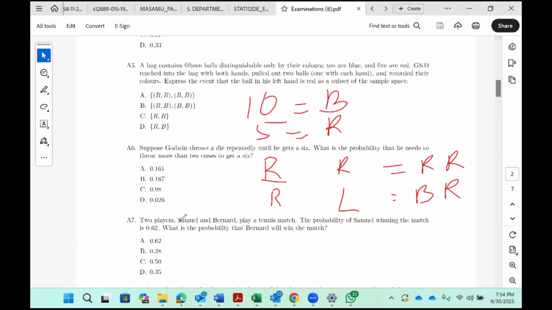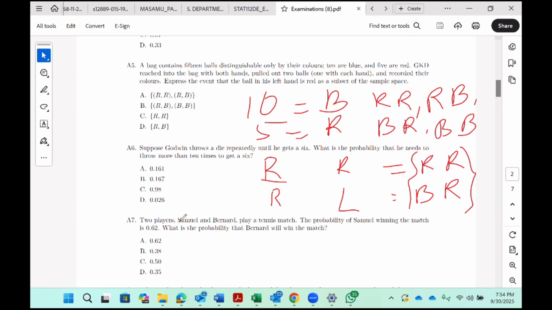So these will be the possibilities, and your sample space will be red, red, or red, blue, or blue, red, or blue, blue. So your sample space is what we can get here. So as a subset, which of these are we looking at?